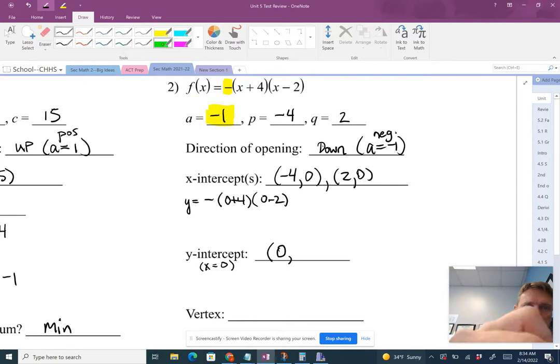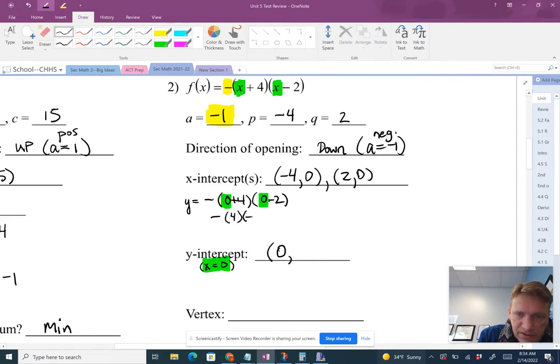We have taken 0 from this x equals 0 and put it in for x in the equation. Now we're going to evaluate that. Negative 0 plus 4 is just 4, and 0 minus 2 is negative 2. The negative times the 4 is negative 4, times negative 2 is positive 8, and so our y-intercept is at (0, 8).